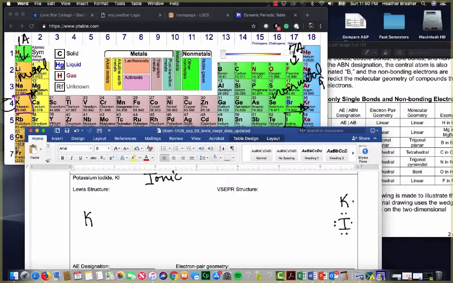So then that's going to make potassium positive because it gets rid of it. The iodine is going to be negative, and that gives us the Lewis structure for potassium iodine. We won't have a Lewis structure, and we won't have any geometry for this because it's an ionic bond. Let's move on.